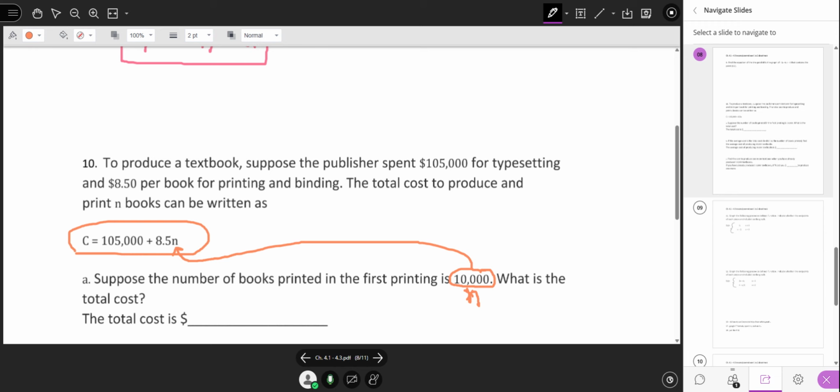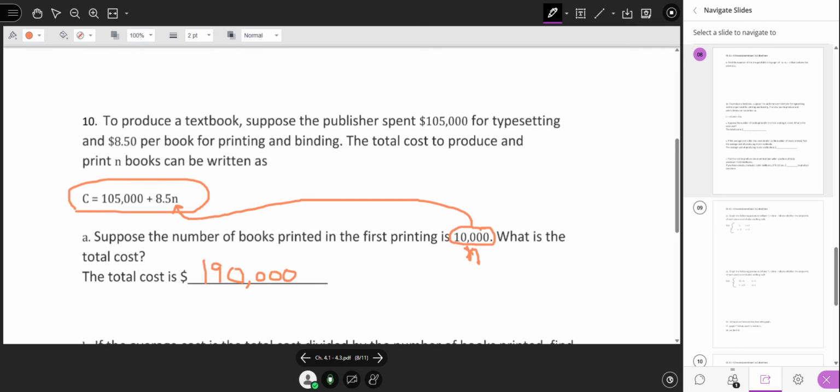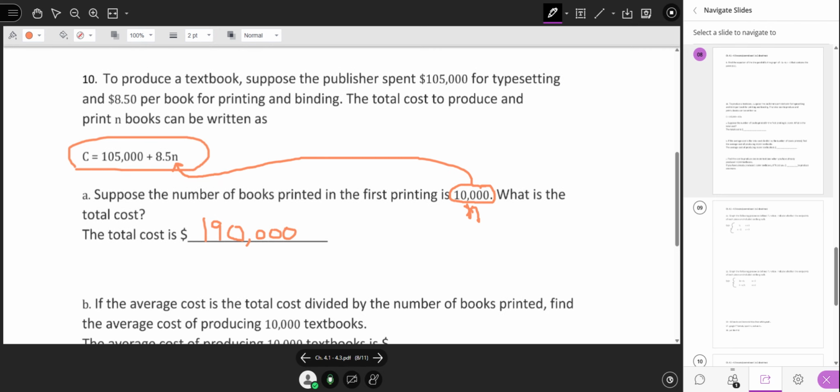And when we do that, we get 105,000 plus 8.5 times 10, 1, 2, 3 zeros, and that gives us 190,000. Not hard whatsoever.